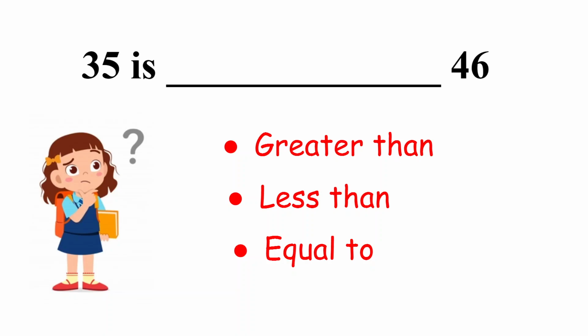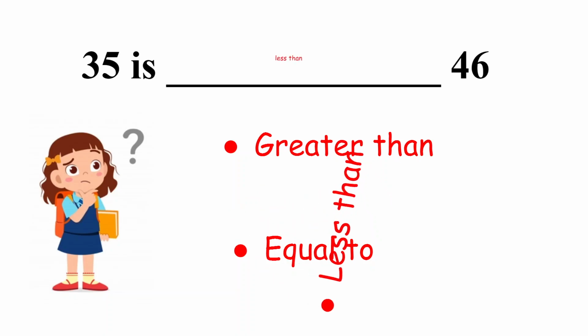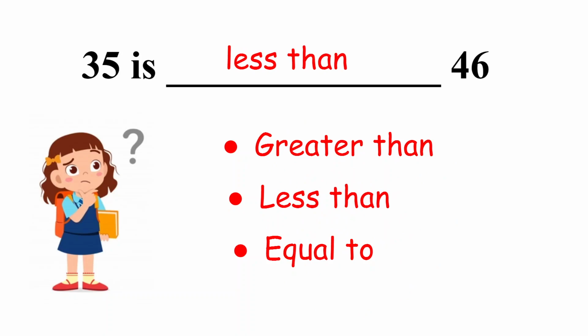What are you going to fill? As you can see, 35 and 46. So which number came first? The first number is 35. It is less. So the right option is less than. So I will write 35 is less than 46.